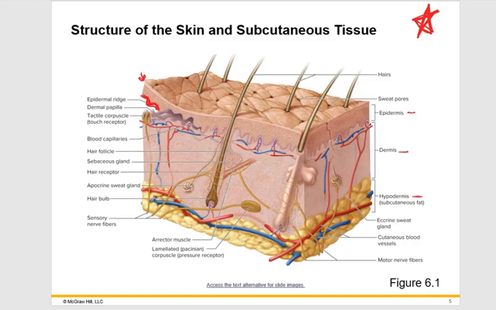Notice that hairs are actually an extension of the epidermis. So if you follow the epidermis, you can see this deepest layer of the epidermis actually goes around this sebaceous gland and down around the hair.